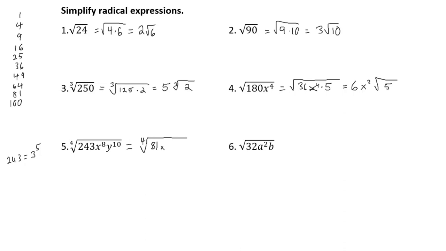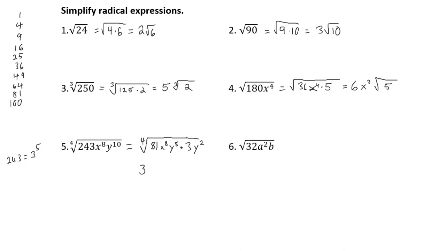X to the 8 divides by 4. Y to the 8th is our perfect squares. What's left, if you pulled the 81 out, is 3, because 3 times 81 is 243, and y squared. So when we take the fourth root and apply that, the fourth root of 81 is 3.